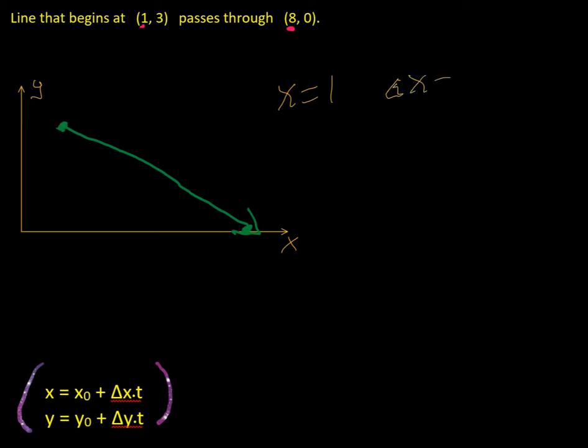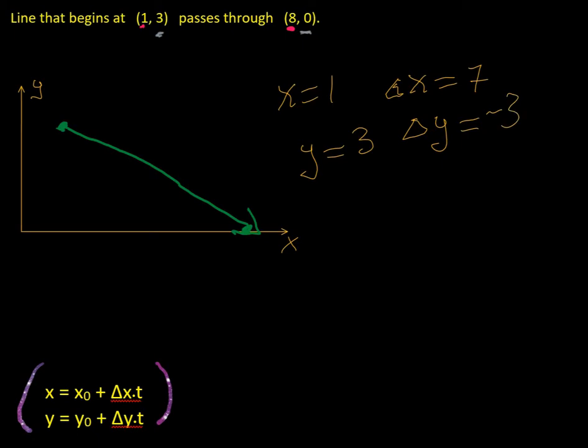Delta x would be 7. Then the y value starts at 3. What is the y value doing? Well, y changes from 3 to 0. That's a loss of 3 units, so delta y would be -3.